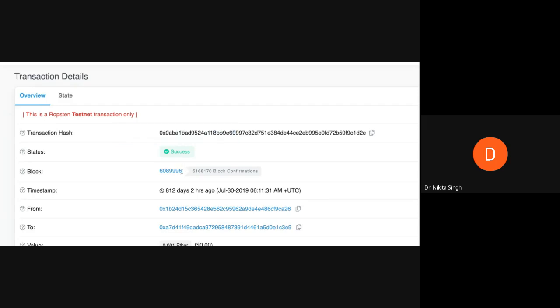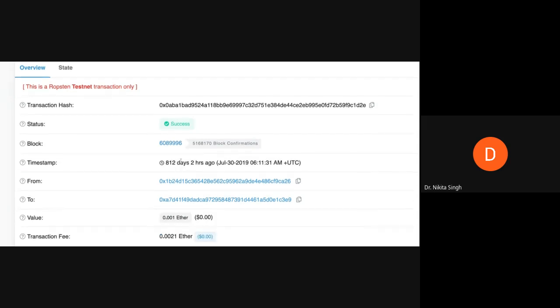Then it shows the block in which the transaction has been included. It shows the timestamp, that is when this transaction was confirmed and included in the block, or rather when the transaction was completed. It was completed on July 30th, and it gives the date along with the time.